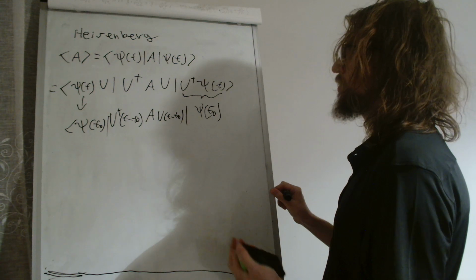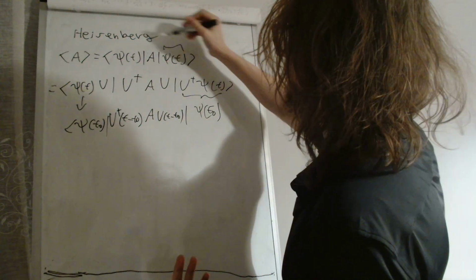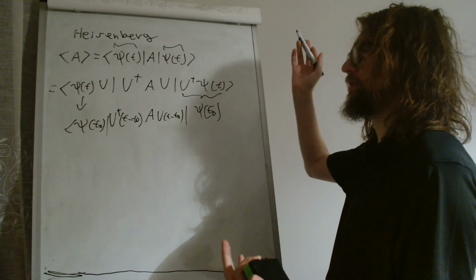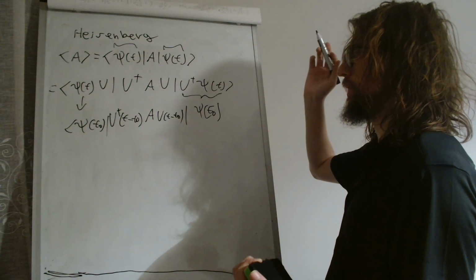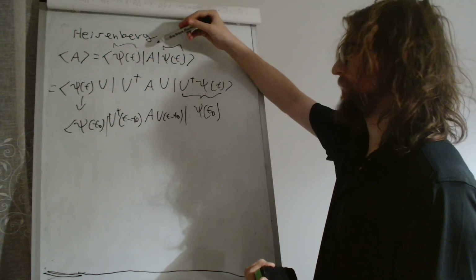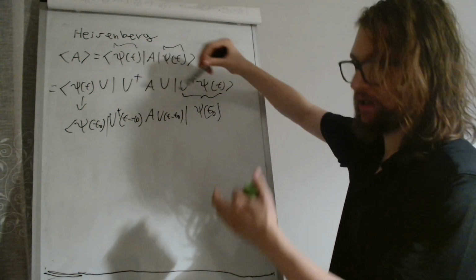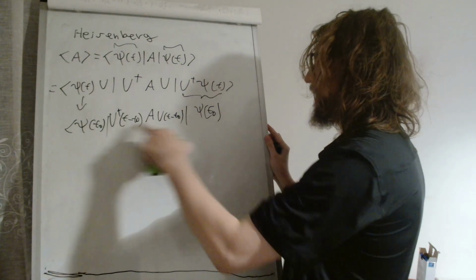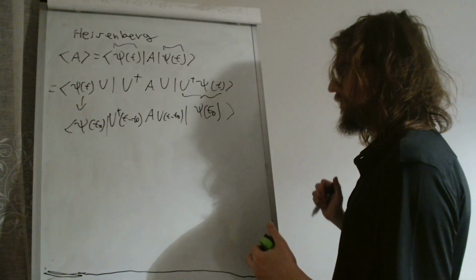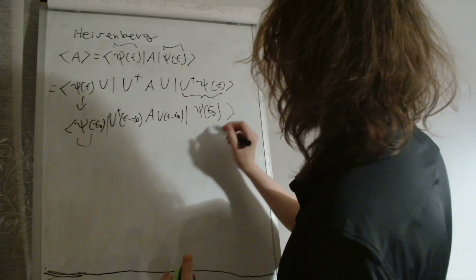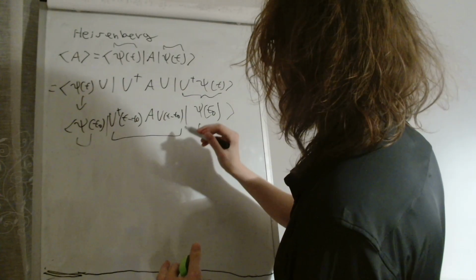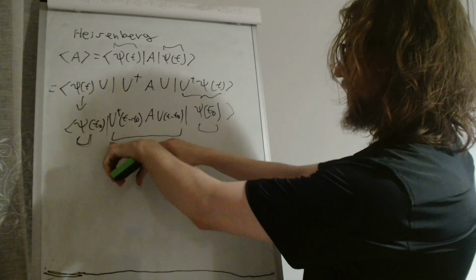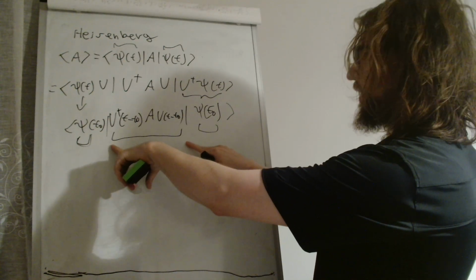So, in the Schrödinger picture, we have time-dependent states, and the observable can be either time dependent or time independent. If it is time independent, it will anyway be time dependent in the Heisenberg picture, but in the Heisenberg picture we will always have time-independent states. So these are the states in the Heisenberg picture and this is the observable.